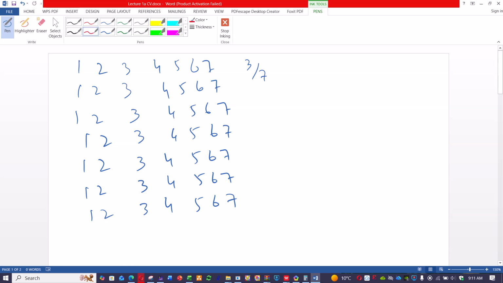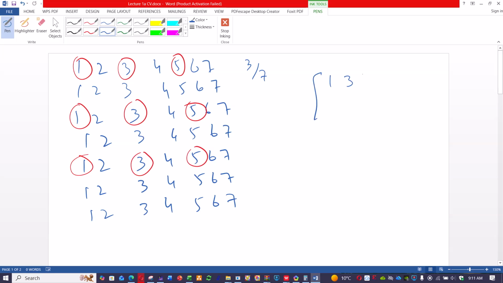What we would do is employ uniform sampling here, which means after a fixed distance we would be sampling our input. What we would get at the output is 1, 3, 5, 1, 3, 5, 1, 3 and 5. This is basically the reduction, the scaling down of your resolution.